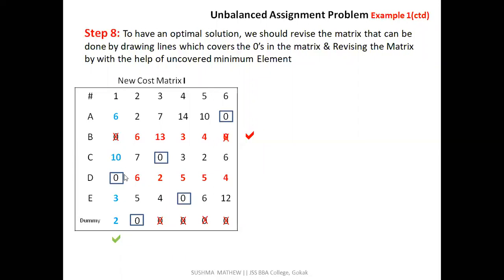Now both columns have 2 assignments. In the first column the assignment is at D row, and in the 6th column the assignment is at A.